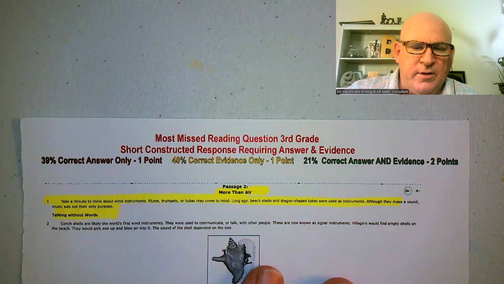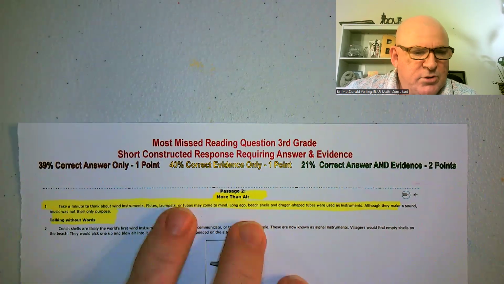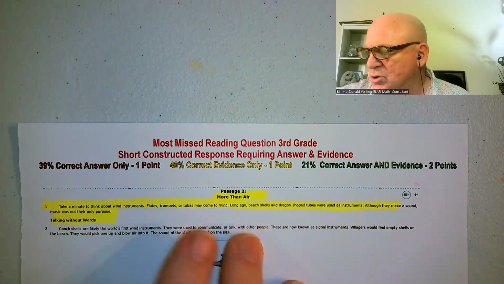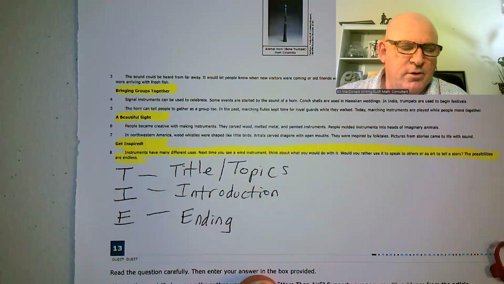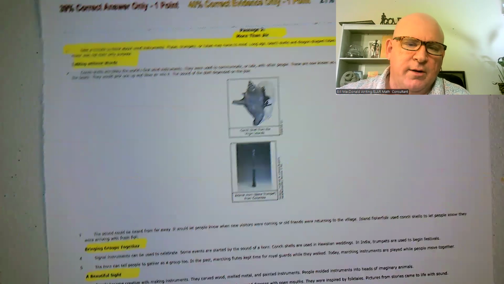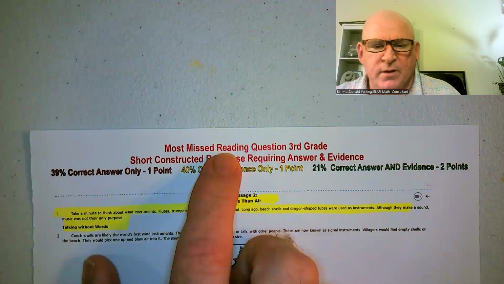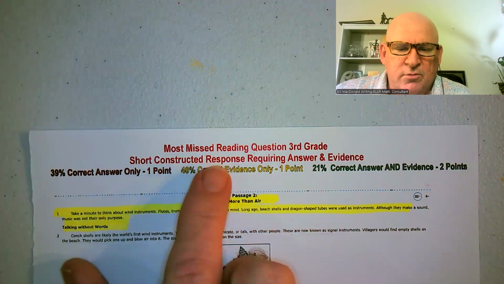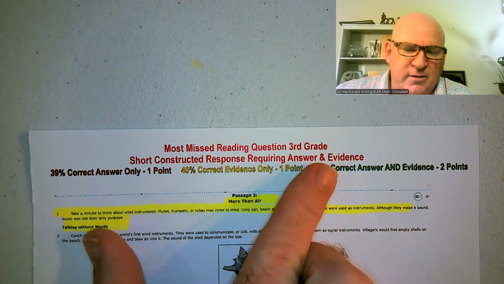It's kind of difficult to understand how they score these, but the most missed question, this was question number 13 in third grade, and here's how it worked. A short constructed response requires an answer in a complete thought and evidence also.